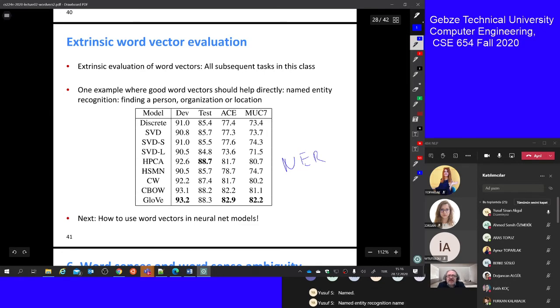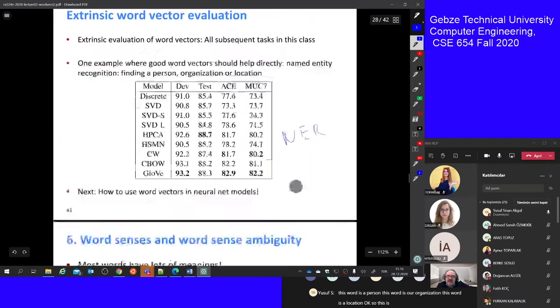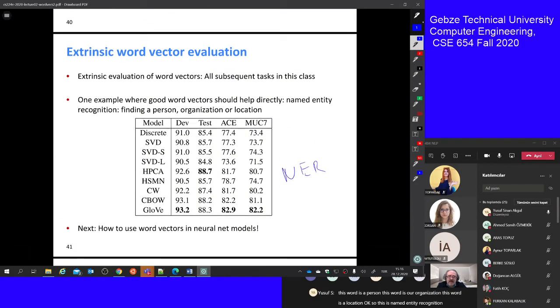Named entity recognition is an NLP application that says, in a given sentence, this word is a person, this word is an organization, this word is a location, okay? So this is named entity recognition. And there will be an example of named entity recognition in my next slide set, and you're going to see it.